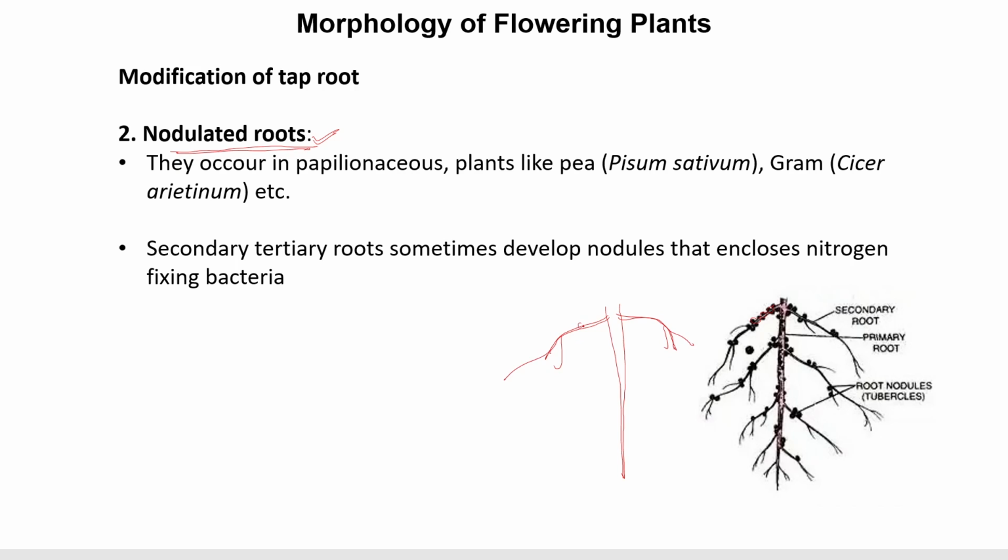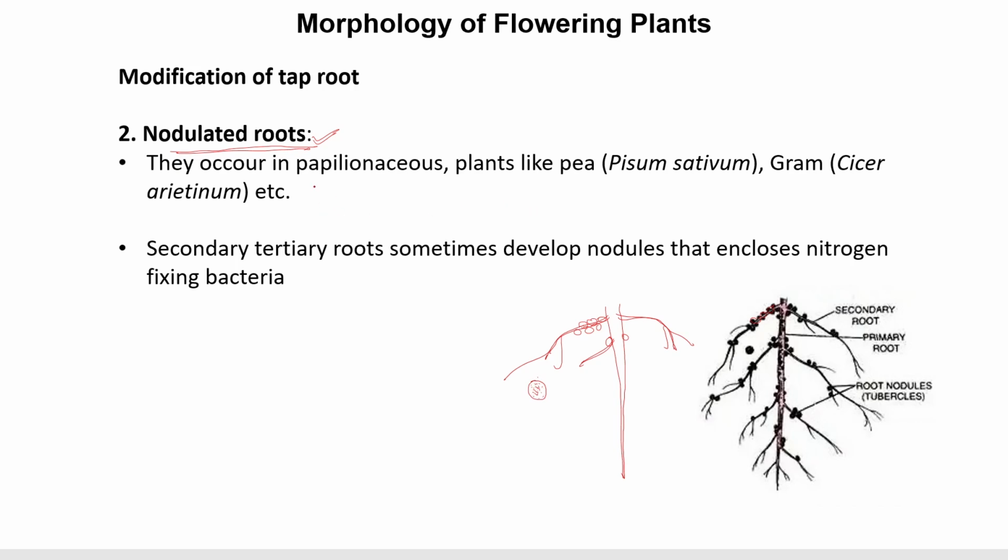Now, at the secondary level, you can see nodules like a structure. Not only here, you can see it at the primary level even. So, when you cut this nodule, you will find it is filled with lots and lots of bacteria.